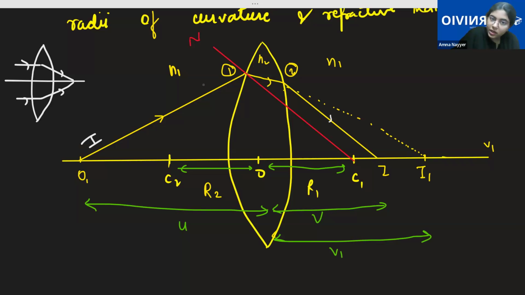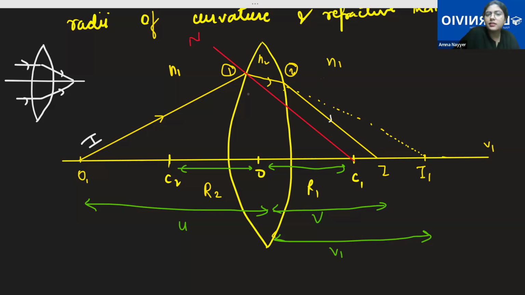From N1 to N2, rarer to denser, air to glass, the light ray is entering. Since it is interrupted by another surface, the refracted ray of the first surface now becomes the incident ray for the second surface, where the light ray is moving from N2 to N1, denser to rarer.